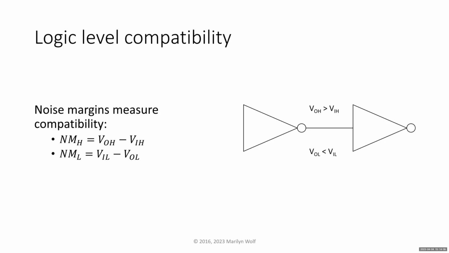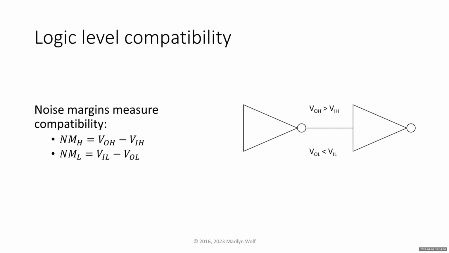Otherwise, the left-hand gate could think that it's sending a logic 0, but the right-hand gate thinks it's an X. And similarly, we want V output high to be larger than V input high, because if the left-hand gate's sending a 1, we don't want the right-hand gate to think it's an X. And so the difference between the output and input levels is what we call noise margin.